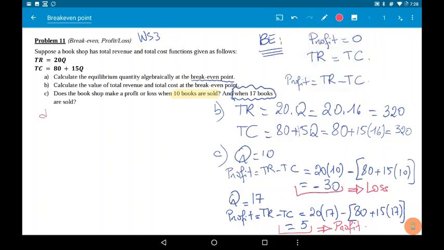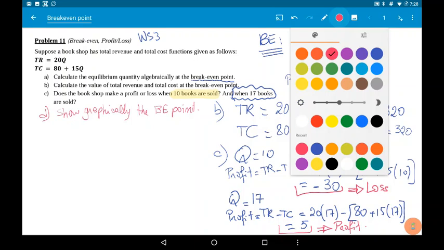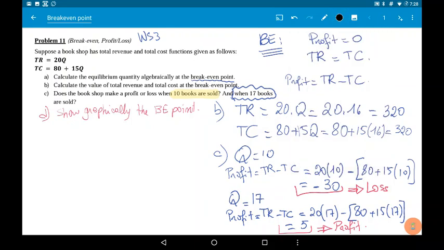So, D, extra, show graphically the break-even point. To do so, we need to sketch the total revenue, sketch the total cost function line, and find the intersection. This is a white paper.